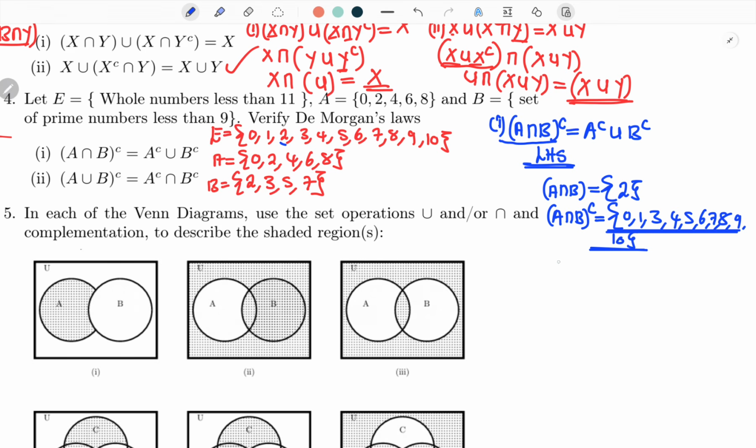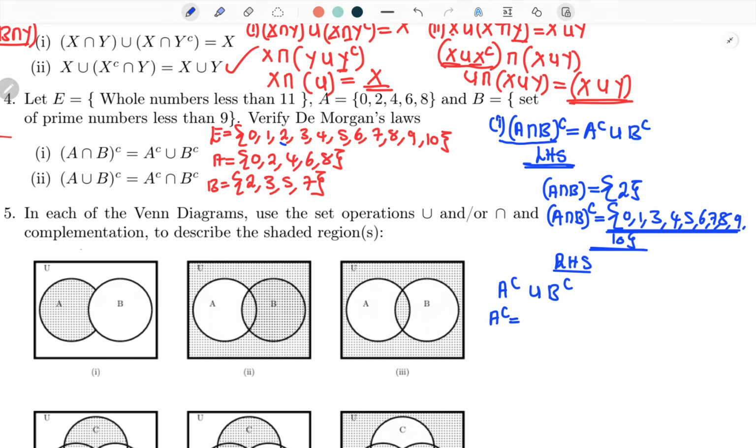Let me work out the right hand side. So right hand side, we have A complement union B complement. Let's work out A complement first. A complement means outside of A. So remove all the members in A, and then whatever you remain with in the universal is A complement.